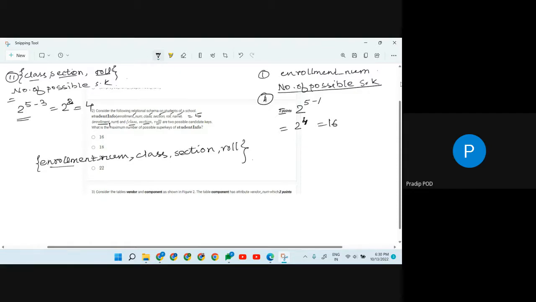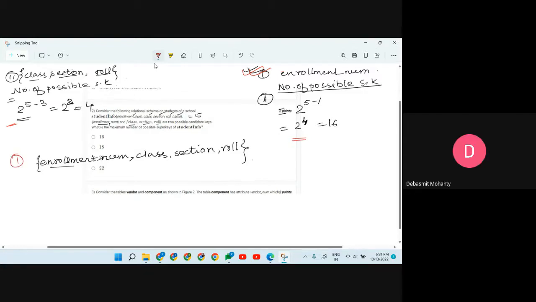So you have counted this combination of super keys twice, and you have to subtract that from the total number.